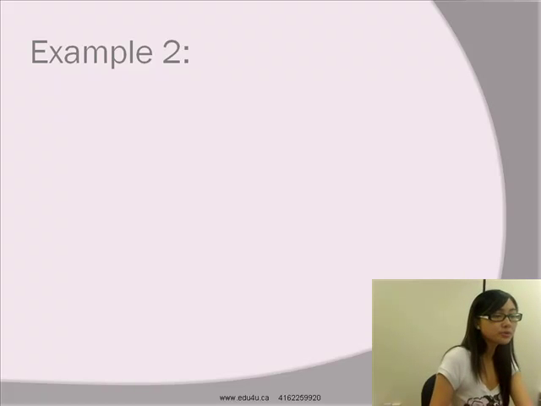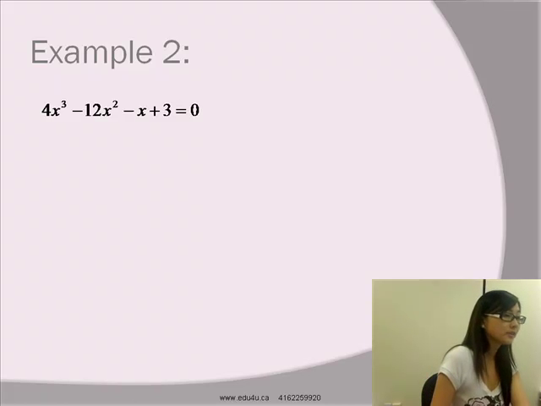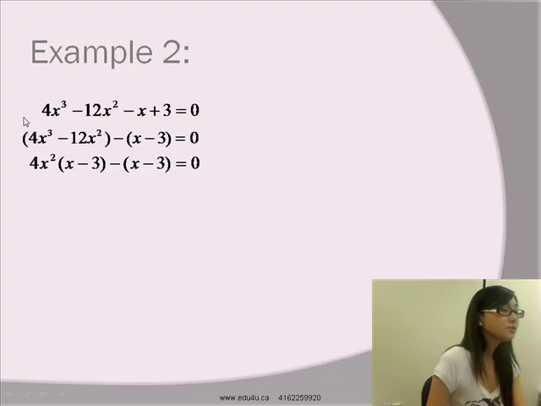Now let's take a look at example 2 from your learning resources. We're asked to solve for x when 4x cubed minus 12x squared minus x plus 3 equals 0. What we do is first we can bracket them, because we can take out 4x squared from the first two terms.